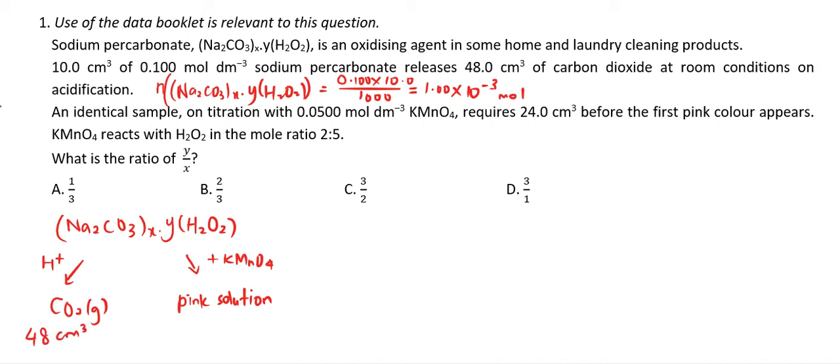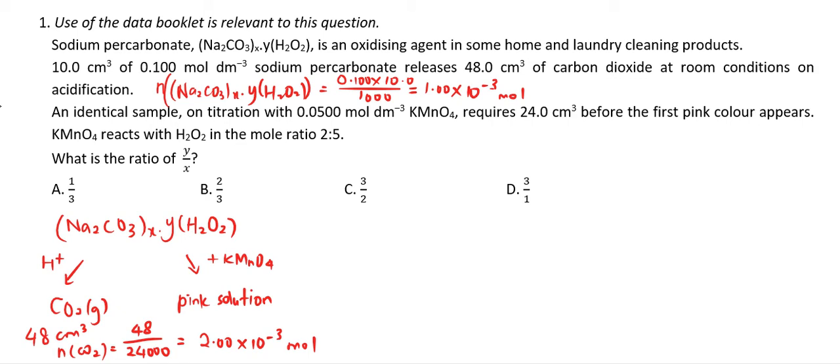So what's the number of mole of this carbon dioxide? Okay, I'll calculate the number of mole of carbon dioxide here. 48 divided by 24,000, which is 2 times 10 to the power of negative 3 mole.